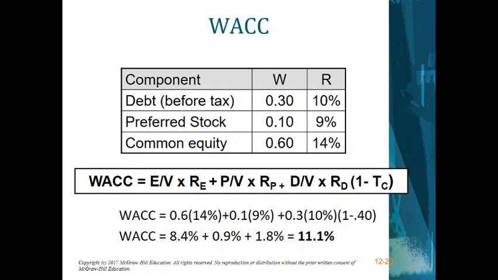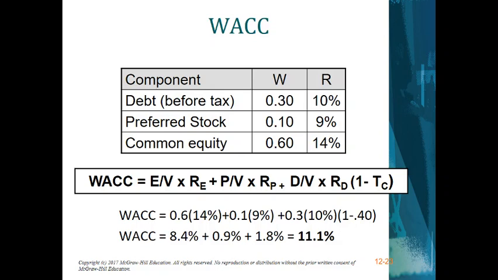So here for debt, the before-tax return is 10%. Preferred stock is 9%, and the common equity is 14%.